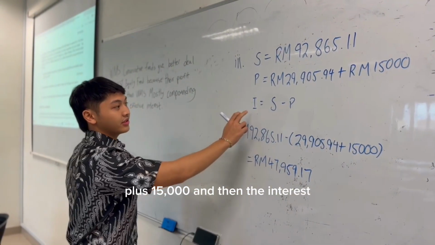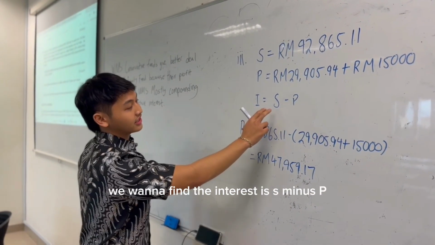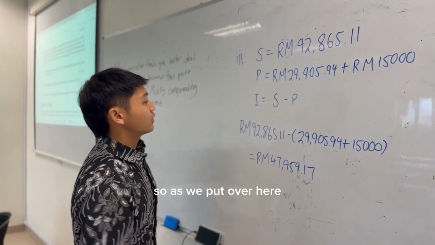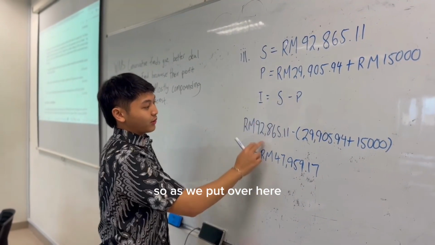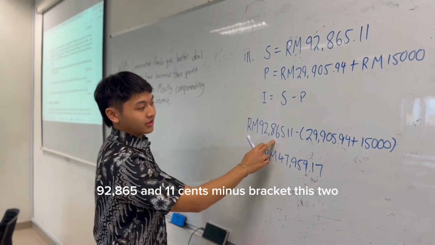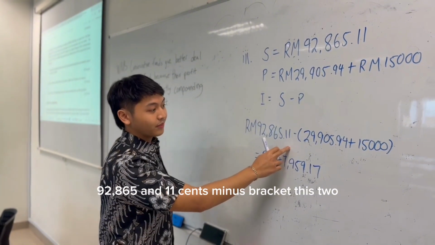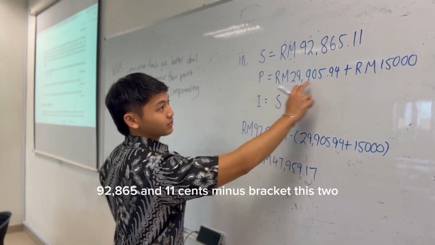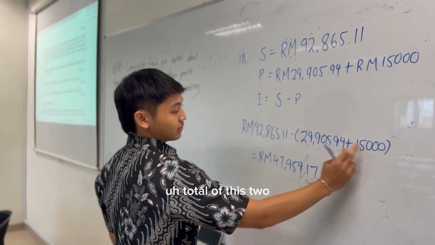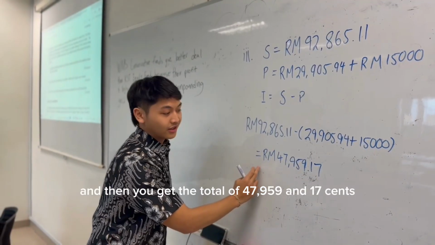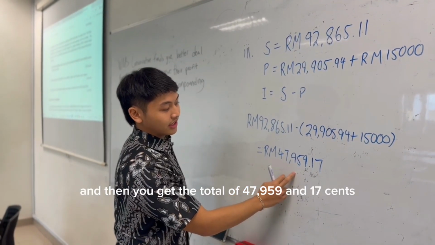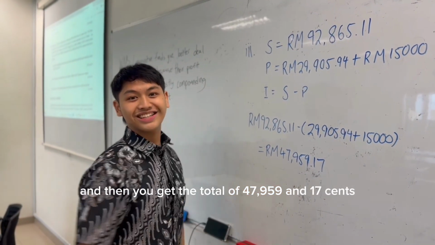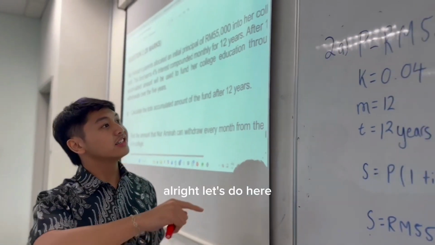And then the interest, we want to find the interest, is S minus P. So S we put over here, 92,865.11, minus the total of these two, and you get 47,959.17.